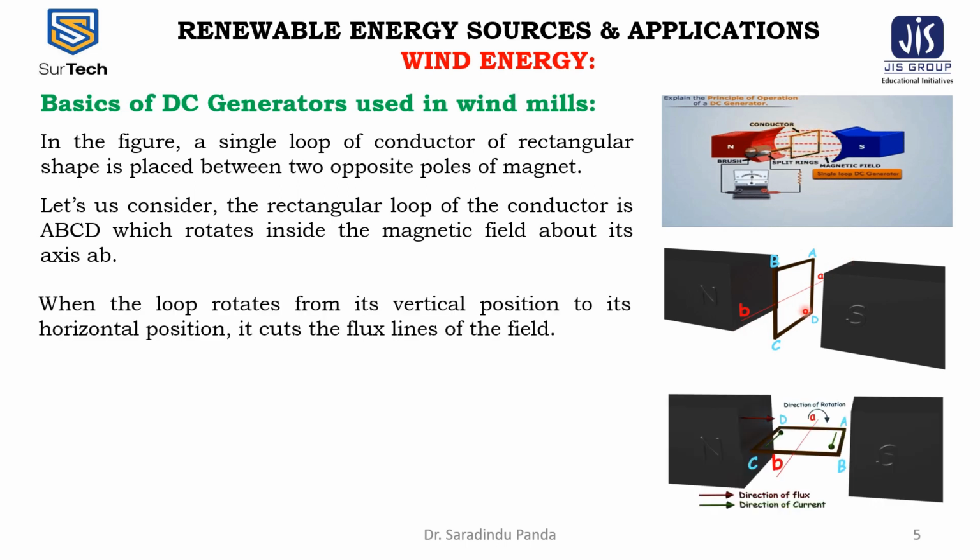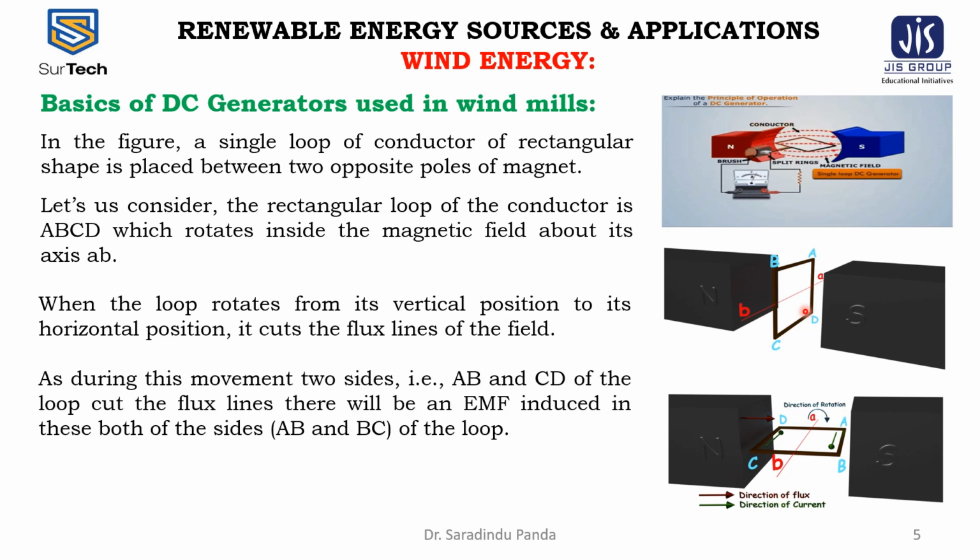Now, when the loop rotates from its vertical position to its horizontal position, it cuts the flux lines of the field. During this movement, the two sides AB and CD of the loop cut the flux lines, so there will be an EMF induced in both of these sides of the loop.